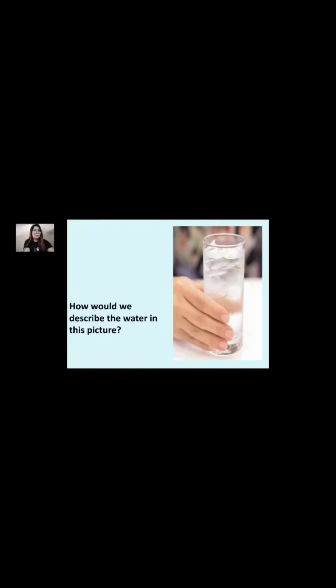How would we describe the water in this picture? Well, you're right. We could use the word cold. The water is cold. So, cold describes the water.